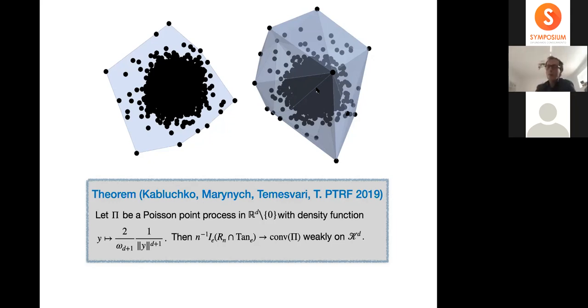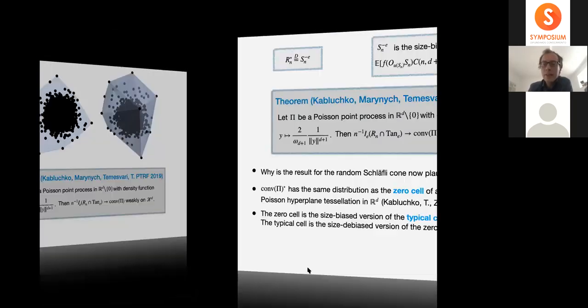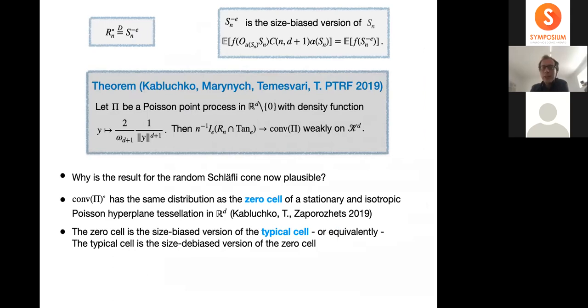And if you take the convex hull of these finitely many points, this will be a random polytope, the convex hull of this Poisson point process. And this is exactly what you see at the limit. Now with the help of this result and the two blue boxes that we have seen, we can at least morally complete the proof. Why does the result for the random Schläfli cone make sense?